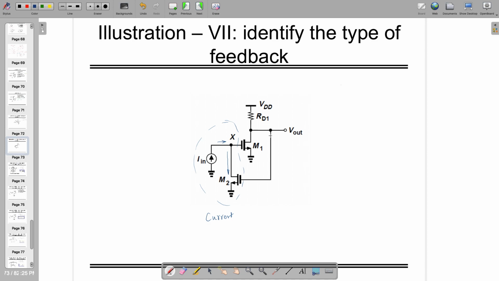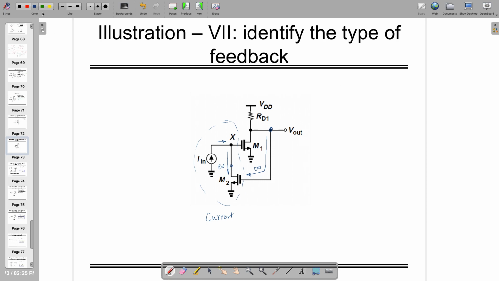So if you get confused in such a situation, most of the time it's very easy. But if you need to find out, then let's assume you need to find out what is the impedance you are looking at at this point. If you're looking into this, the impedance is infinite. And if you look at this point, the impedance is RO2, which is also infinite. So such a topology is actually voltage to current.